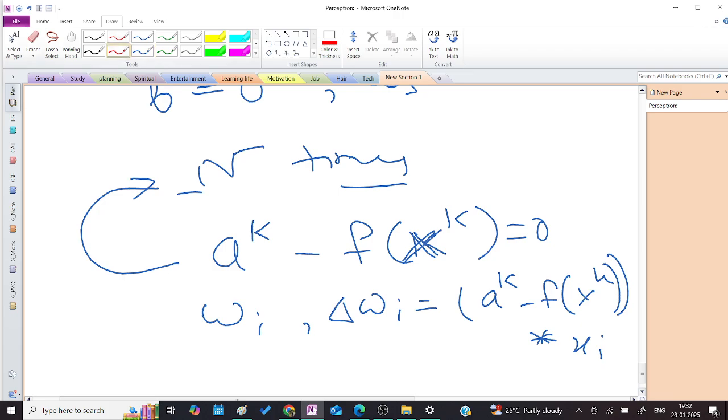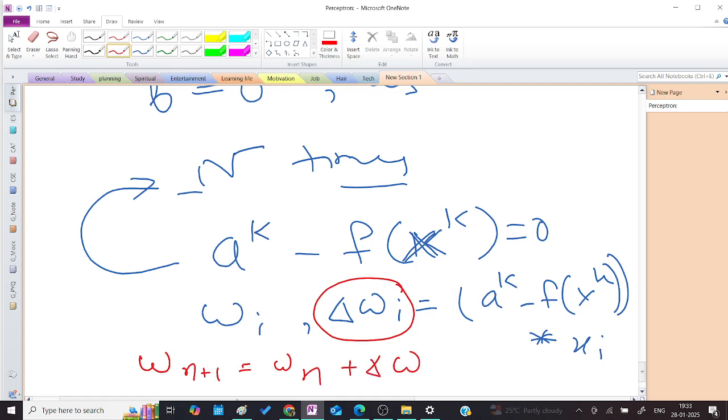So what is this? This is the change of the weight, that is, the new weight value will be the existing weight value plus the change whatever happened in that iteration.